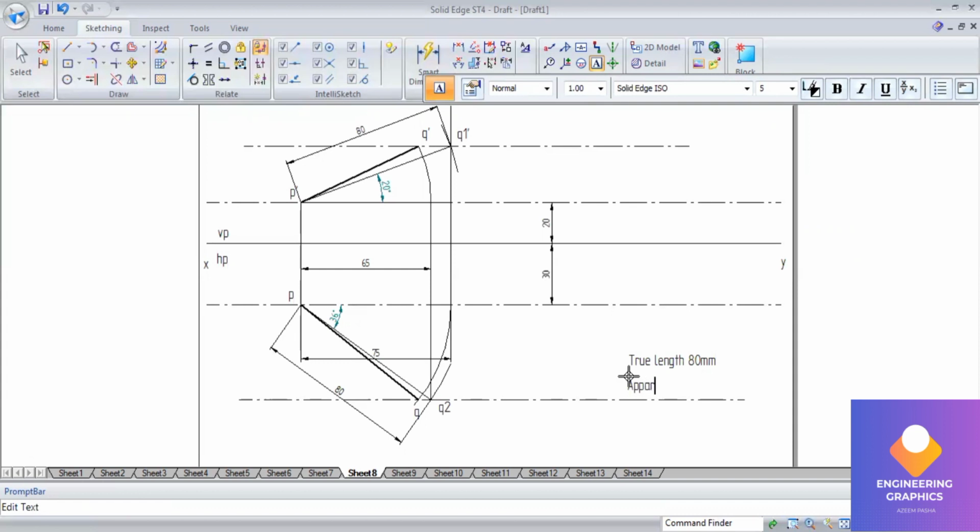Upper end length in front view I have considered 65.